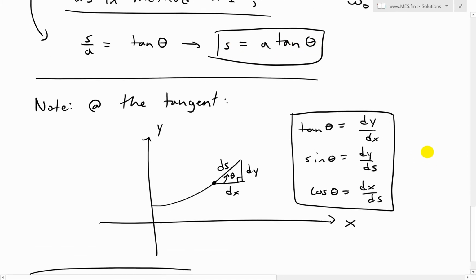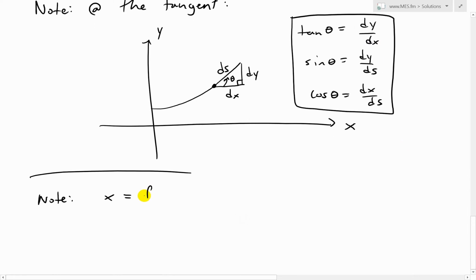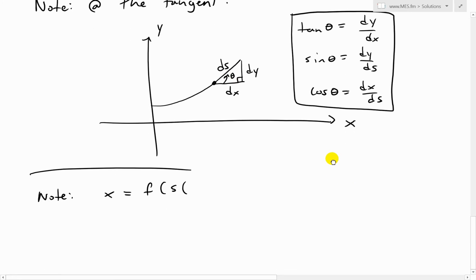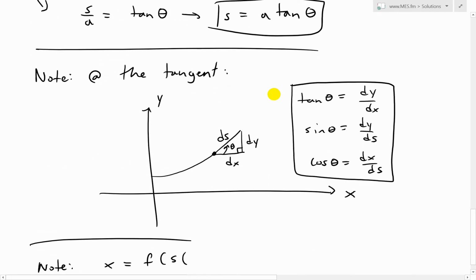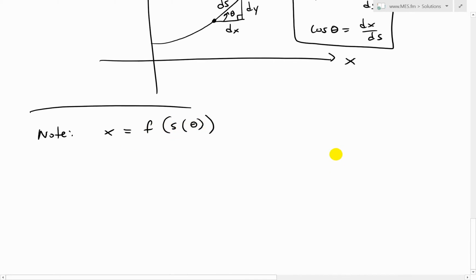The derivative is dependent on x there. So x is a function of s, but s is also a function of the angle right here. As that angle changes, the length of that segment will be different because this is going to be at a different point. So x is a function of s and s is a function of theta. This is why we could apply the chain rule.